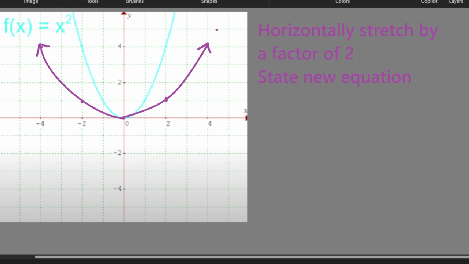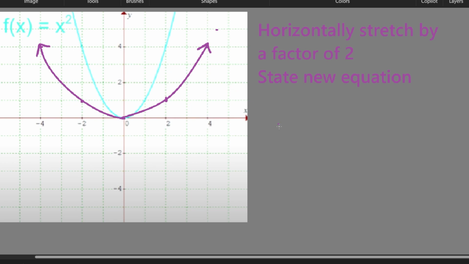And so y is equal to f of x, and f of x is equal to x squared. So y is equal to x squared, and because it's a factor of 2, I bet we're about to say y equals 2x squared. Clearly this is not the case here. So this looks kind of wide.